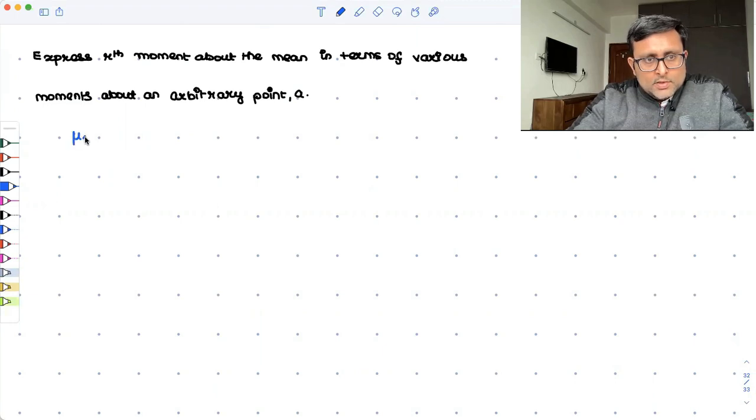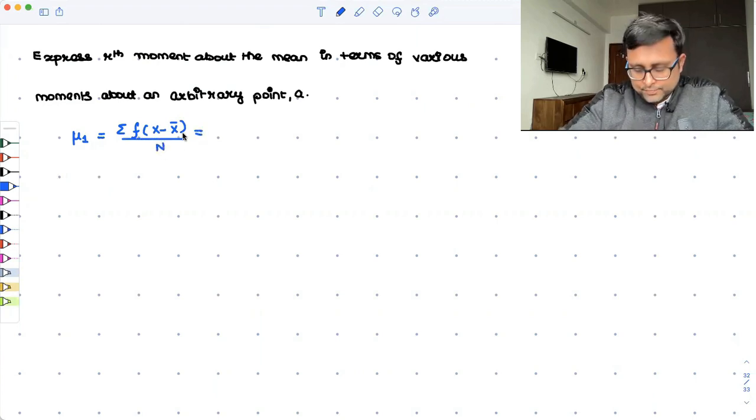One thing is when I say mu1, that is the first moment around mean. So that I can write as summation of f into x minus x bar upon n.